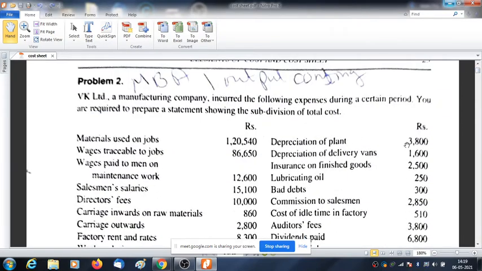Then depreciation of plant. Under which head would it come? Think.